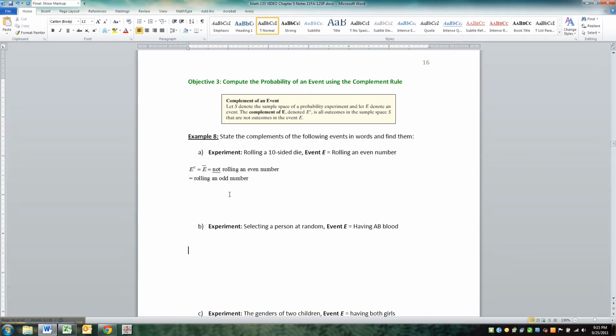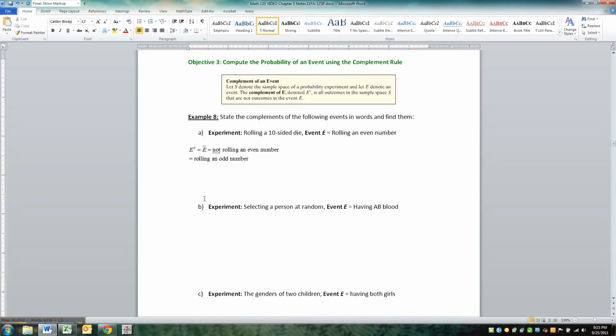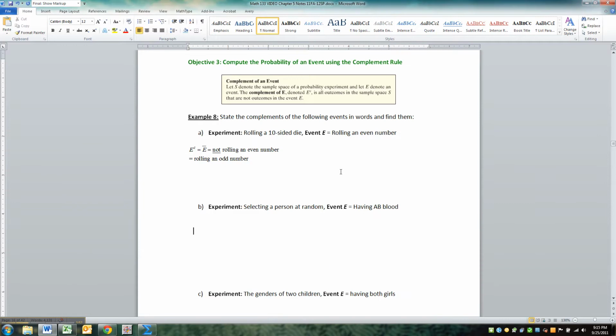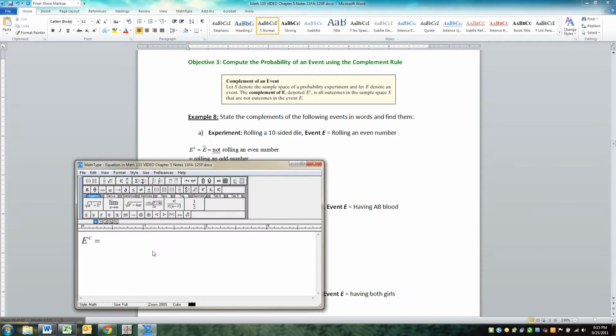Let's look at another one. Event E is having AB blood. So what would E complement be? The complement would be not having AB blood.